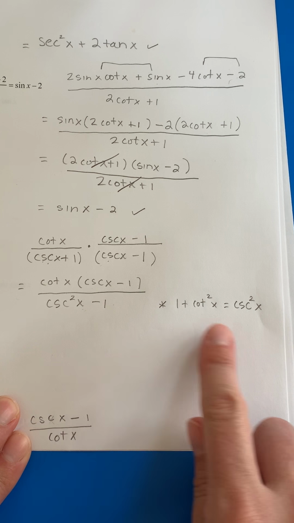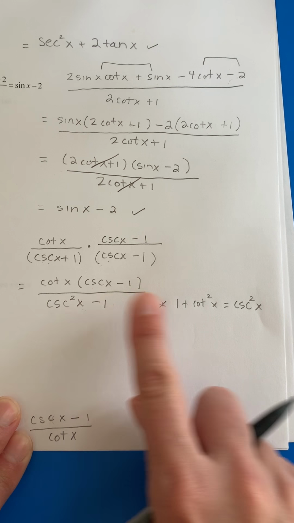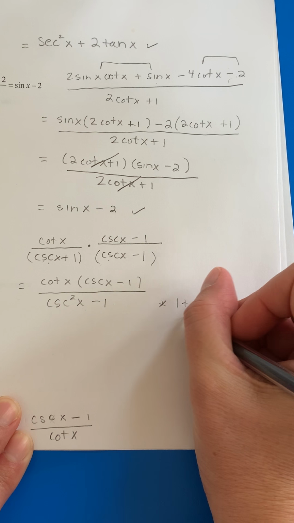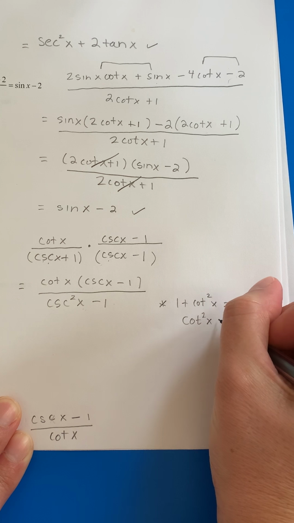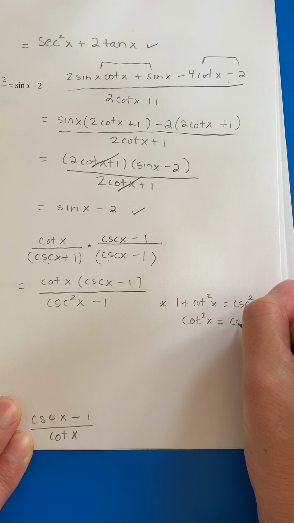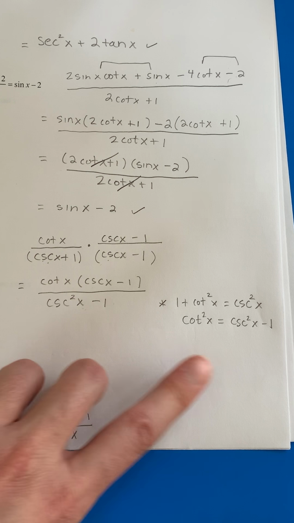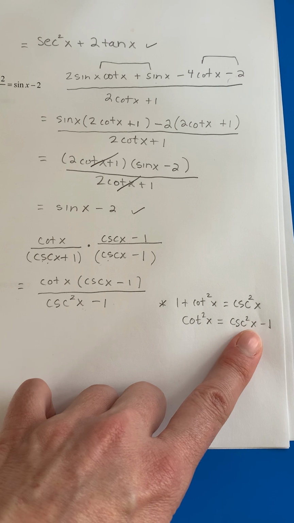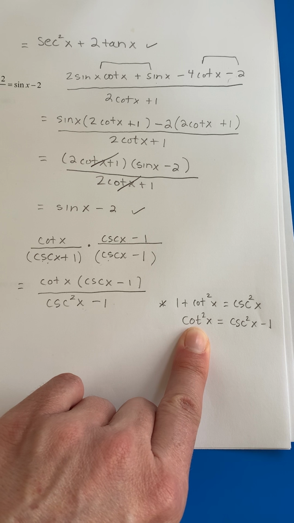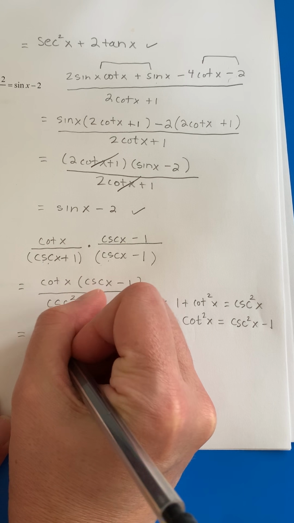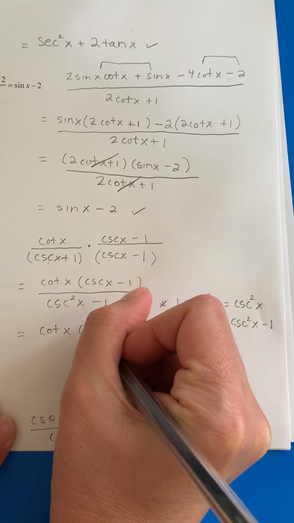So that's not exactly the same as what we see here, but we can manipulate this equation. We can go ahead and subtract 1 over. So we know the cotangent squared is the cosecant squared x minus 1. Okay, so that's good news for us. So that tells us our denominator can be replaced with cotangent squared x.